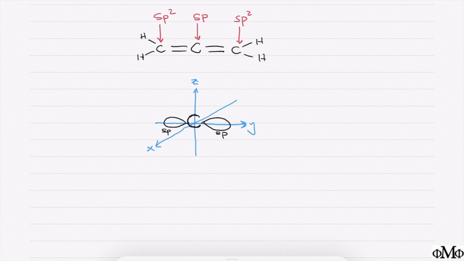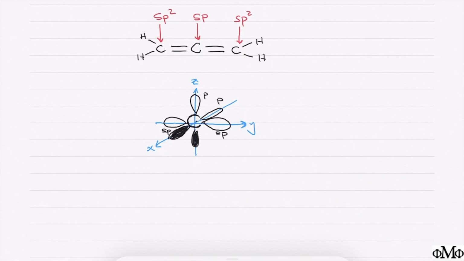Wonderful. So there will be 1 right here. So that's 1 p. And then there'll be another one right here. Another p. Okay? So that's the picture for the middle carbon.